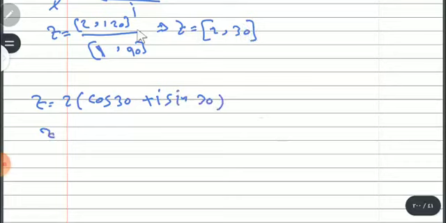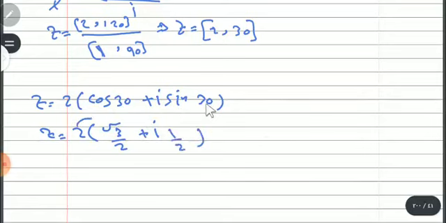Now z equals 2, the length stays without any change. So cosine 30, we know that cosine 30 equals square root of 3 over 2. You have to keep these rules; if you don't keep them, you cannot solve any question. Plus i stays, and sine 30 equals half.